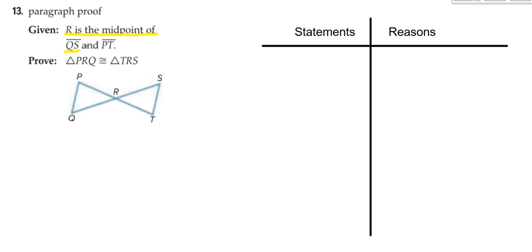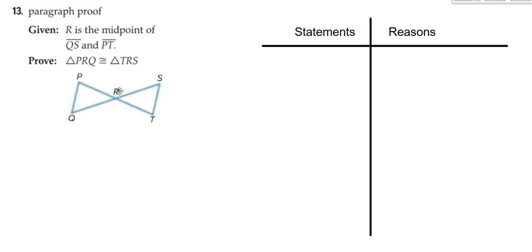Then think about the midpoint. R is the midpoint of segment PT. So tell me what has to be congruent from that midpoint. And hopefully people told me that QS is right here.